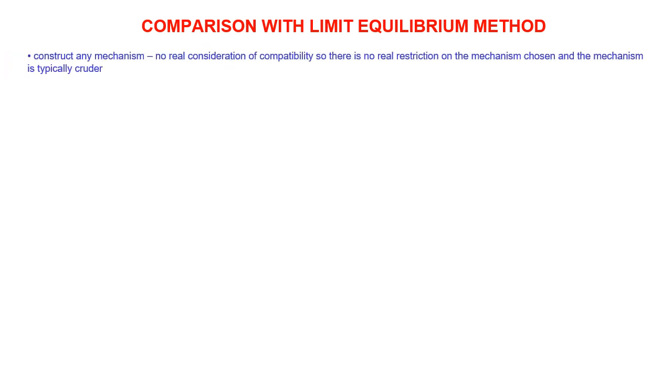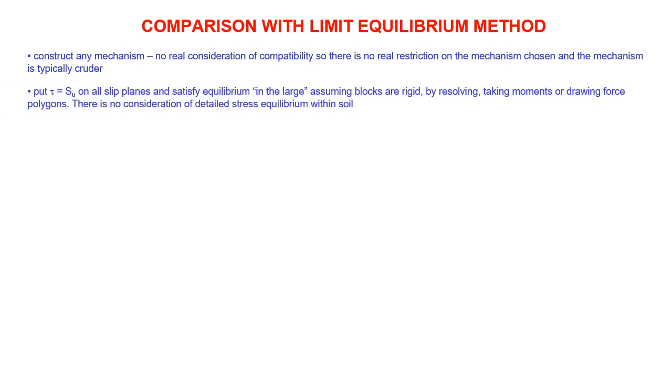Just contrast that with limit equilibrium. In limit equilibrium, we construct any mechanism. We have no real consideration of compatibility, so there's no real restriction on the mechanism chosen. You can choose whatever you want. In upper bounds, there were restrictions on the mechanism, particularly in drained examples, which we didn't do.